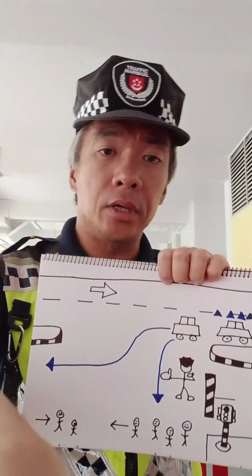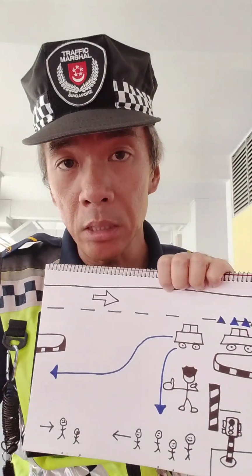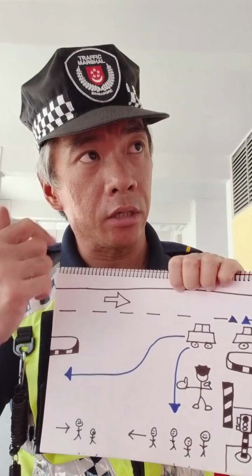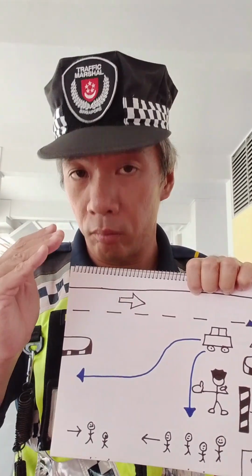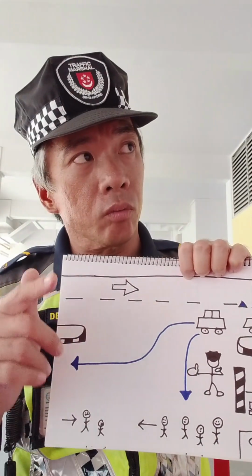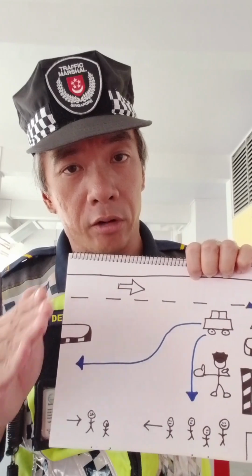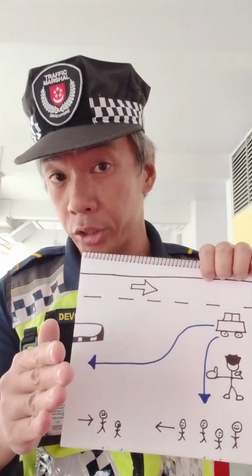It states very clearly in the Road Traffic Rules for pedestrians, section 7, regardless of any traffic signal, and regardless of whether the traffic warden overrides traffic and prompts you to go, you as a driver, as a motorist, still have to give way to pedestrians who are legally and lawfully crossing alongside your direction.